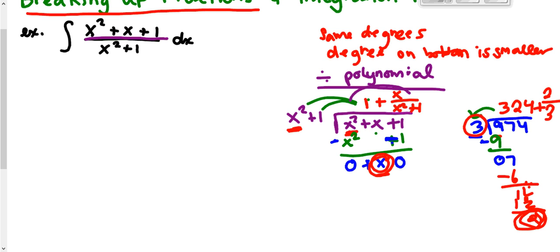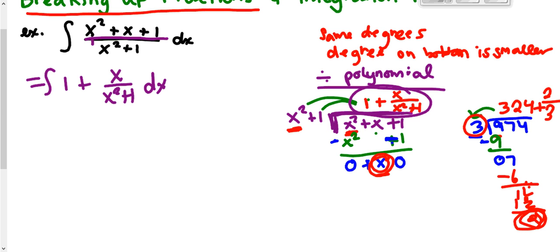Doing this means this is what we are now going to integrate. So we are going to integrate 1 plus x over x squared plus 1 dx. So these are the same thing. It's just actually divided instead of written as two separate things. So now we can integrate this because if we look at this, 1 we can integrate with a regular power rule.